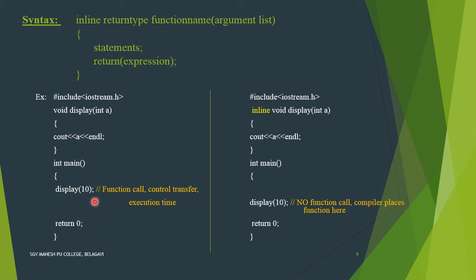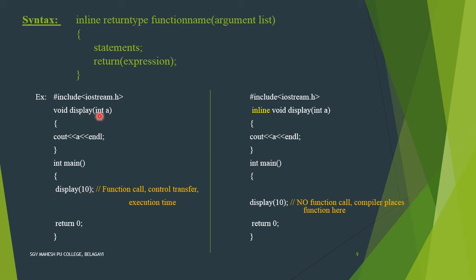Now what happens in the inline function? I have defined this as an inline function. Can you see this keyword inline? There is a little bit of difference between these two functions. When you write this display 10 in your normal program, you are transferring control from here to here.